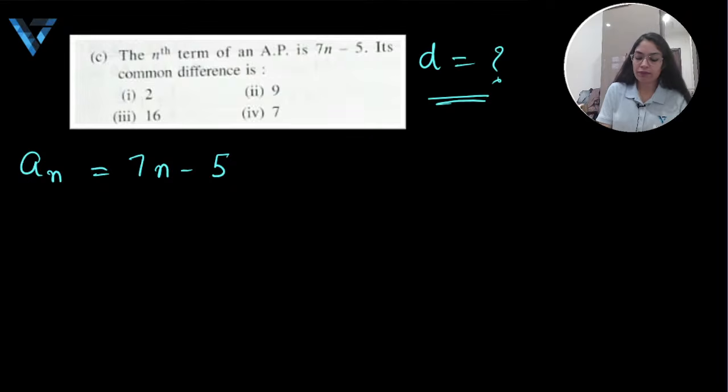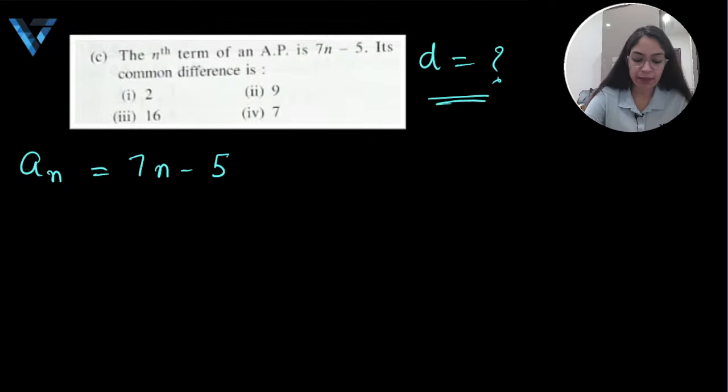So tell me how to find the common difference. In almost all the questions where sequences were given to us, we used to find the common difference. How did we find it?